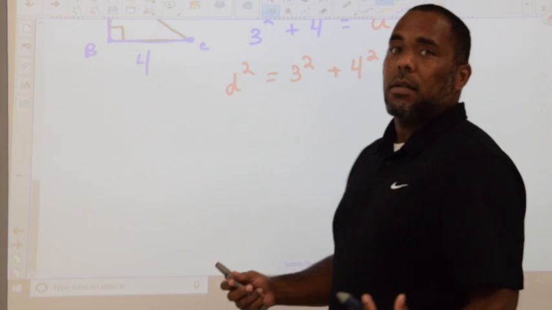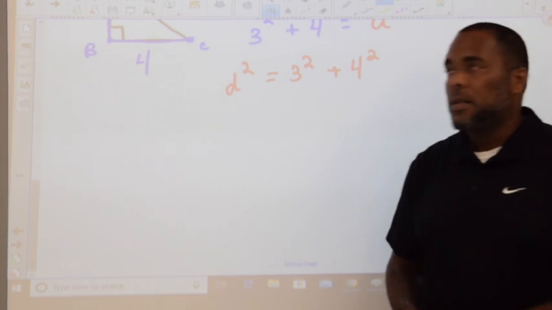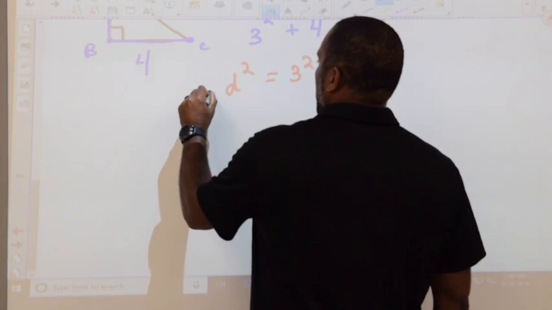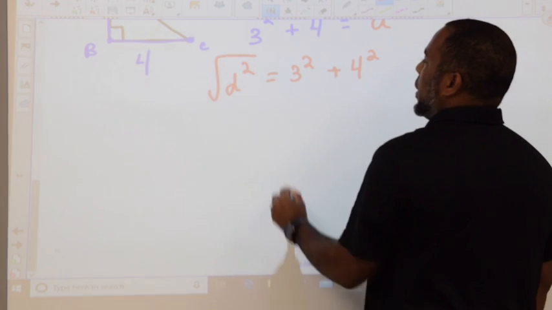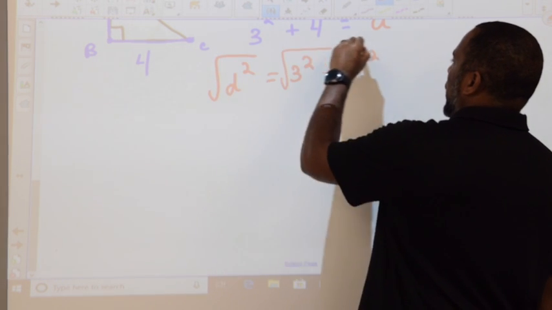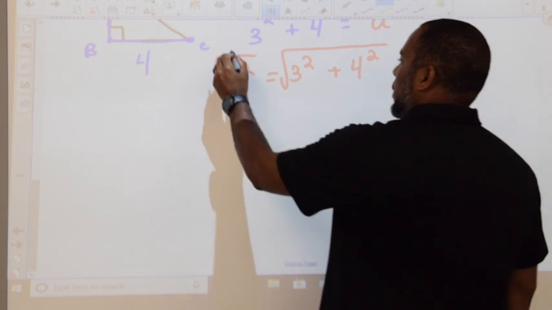Now I'm going to solve it. You know what I really don't like? I don't like squares next to my letters. So I'm going to take the square root of this side so I can get rid of the square, because they're inverses. And whatever I do to one side, I do to the other. So now this is gone.